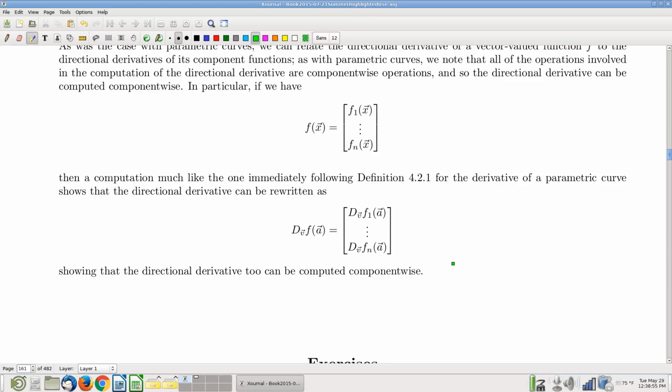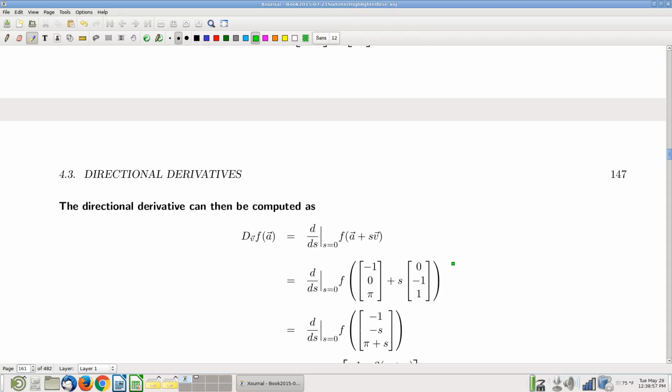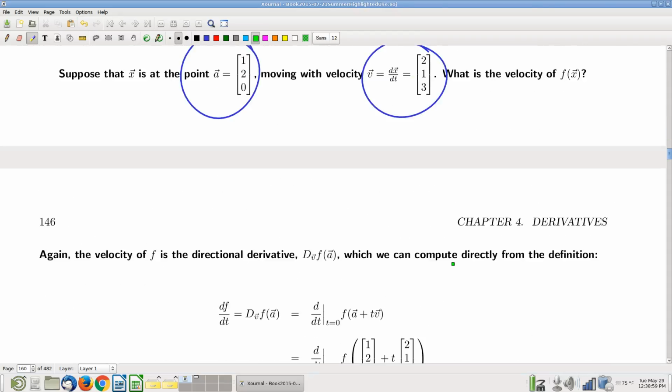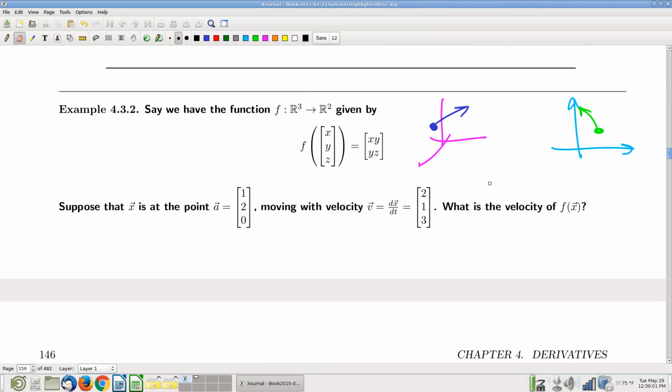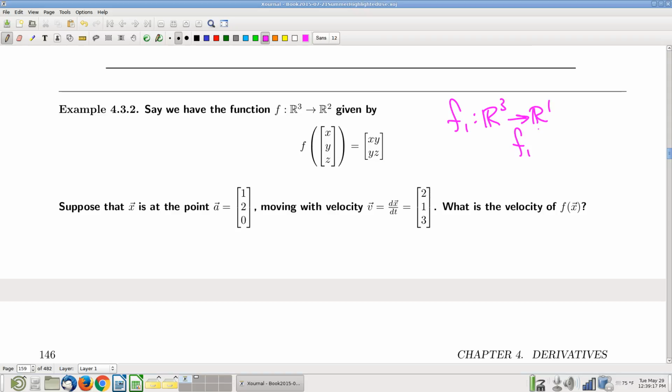Okay. All right. So what that means is you come back to this example that we just did. If we had looked at two separate functions, suppose we had looked at this function that I'm going to call f1 from R3 to R1, defined by f1 of xyz equals xy.